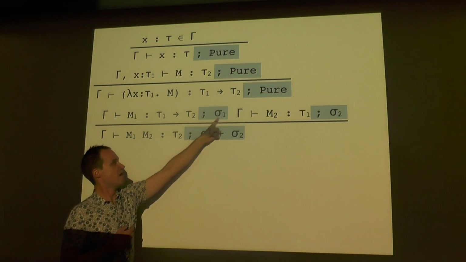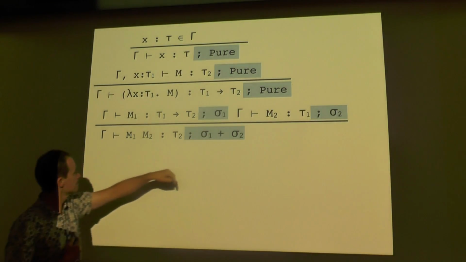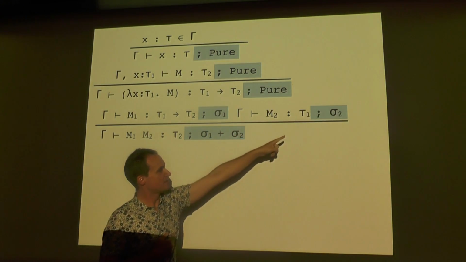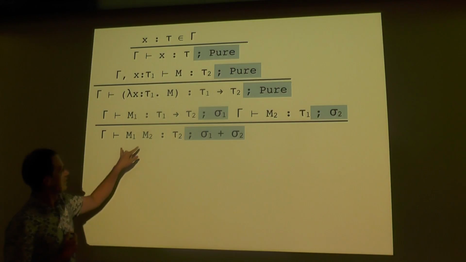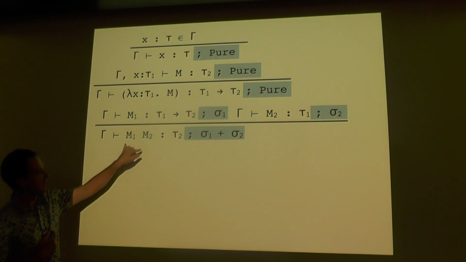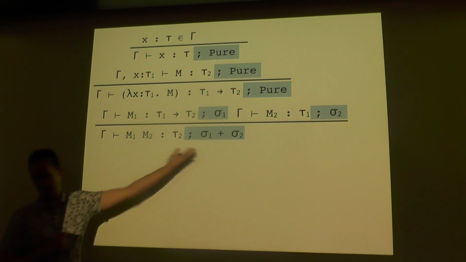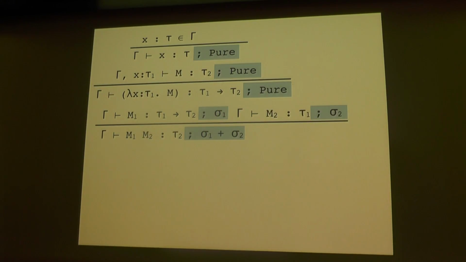This is a variable which ranges over effects. Evaluating the argument might have effect sigma 2, which means evaluating this whole function application has the effect of evaluating this and evaluating that. So it's compositional, and it hasn't messed up any of the existing pure lambda calculus.